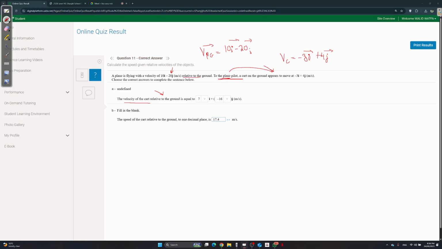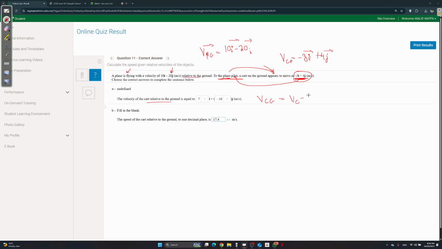To the plane pilot, it appears to move at this. So that means it's not actually moving at this, but to the guy flying the plane, it looks like this. So this is the velocity of the cart in front of the pilot. What do they want? The velocity of the cart relative to the ground. It's so easy.